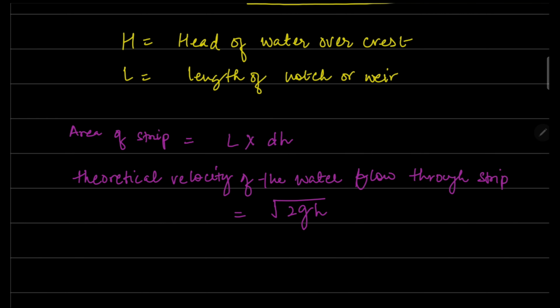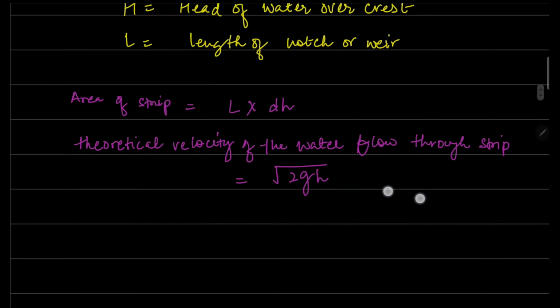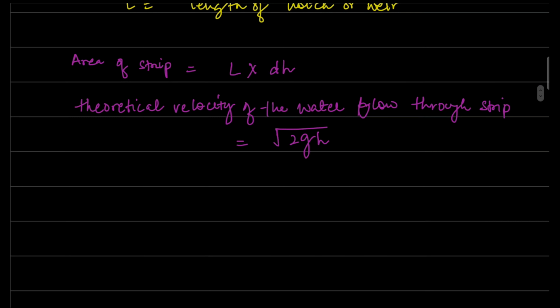So h is the head of the water above that particular strip. And the discharge flowing through this particular strip can be written as dq.